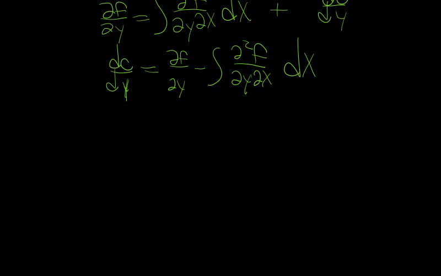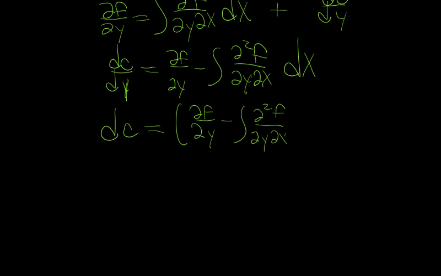So now the differential of your constant of integration, dc, remember the constant of integration in this case is a single variable function, but the differential of that is going to be all of this right here, partial f with respect to y minus the integral of the mixed partial, partial squared f, partial y partial x, dx, the integral of that with respect to x, times dy.